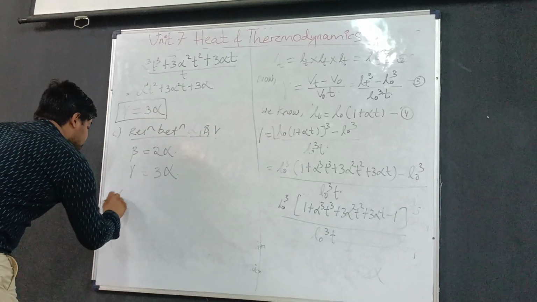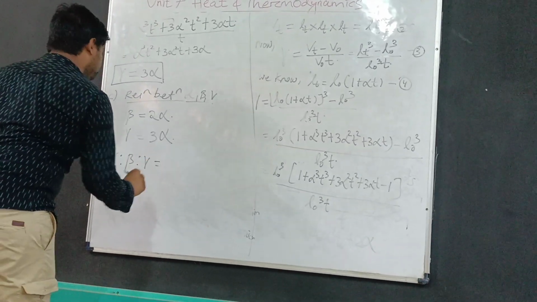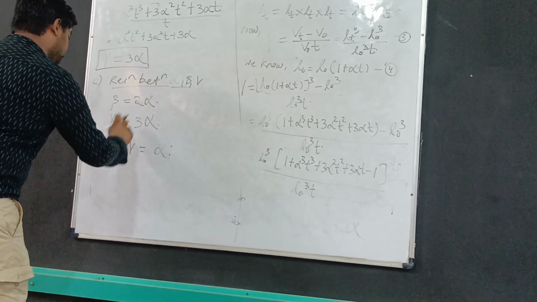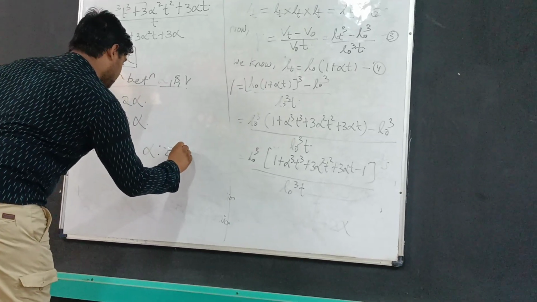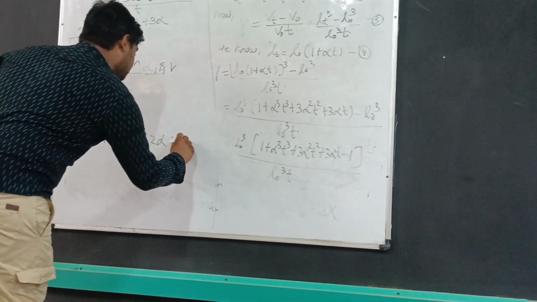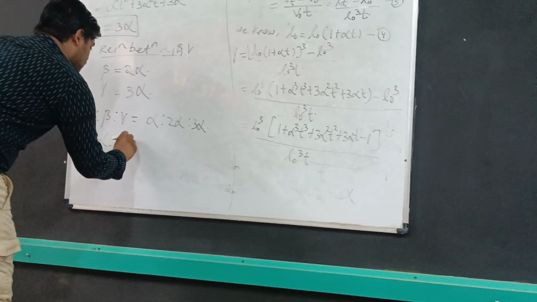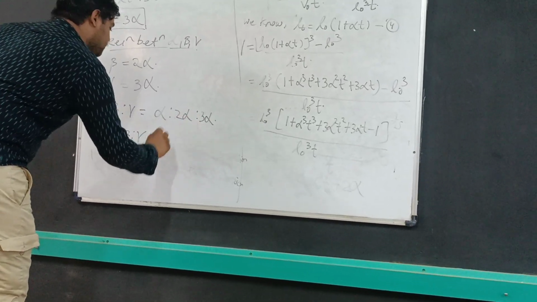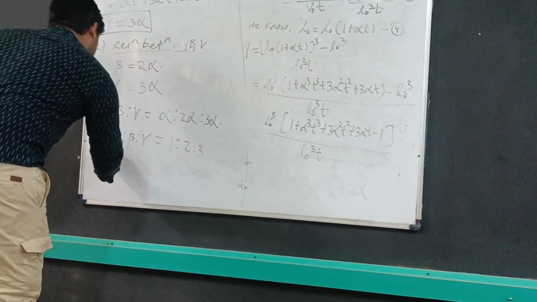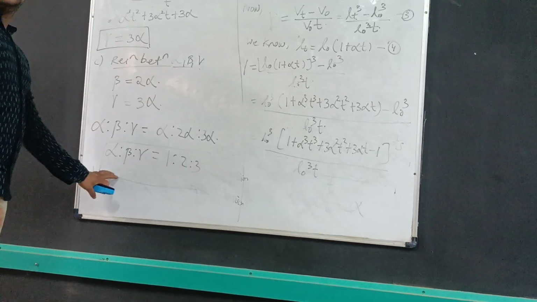So it will be alpha is to beta is to gamma, becomes alpha, and we substitute the value of beta, that is 2 alpha, and the value of gamma, 3 alpha. We cancel out alpha from all the terms. So this will be 1 is to 2 is to 3. This is the relation between the expansion coefficients.